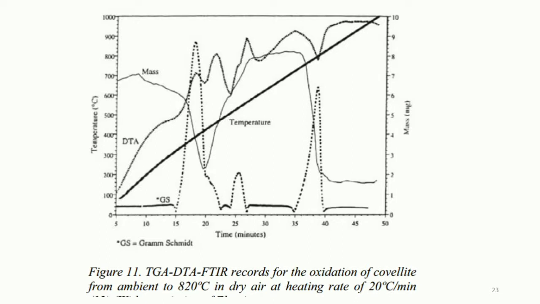Between 420 and 475 degrees Celsius, there is a mass gain associated with an exothermic peak due to Cu2S oxidation to CuSO4 according to the global reaction.